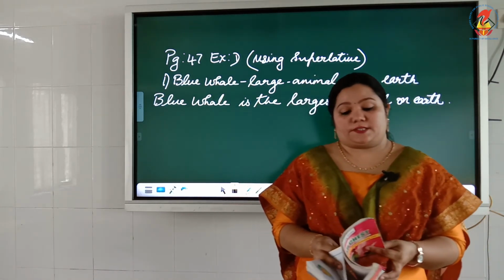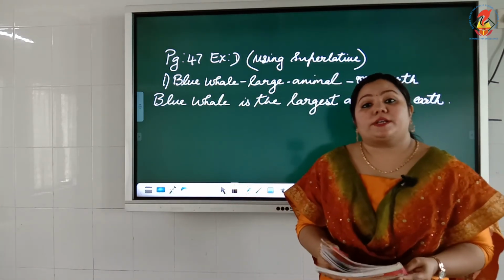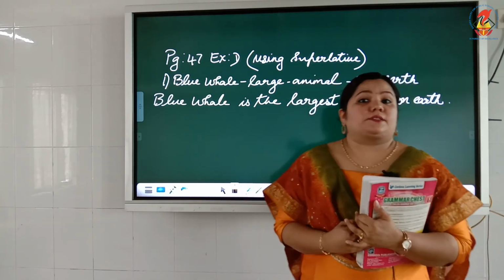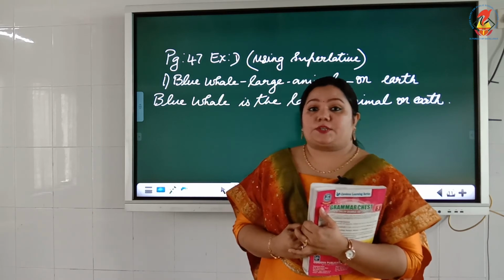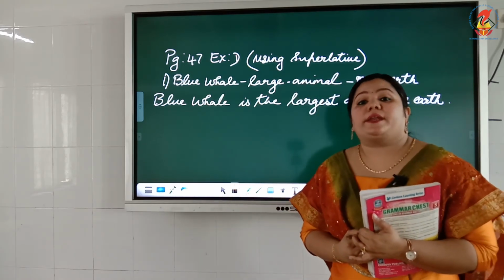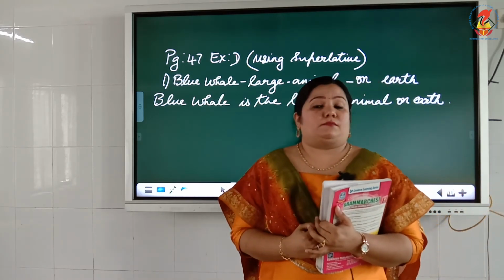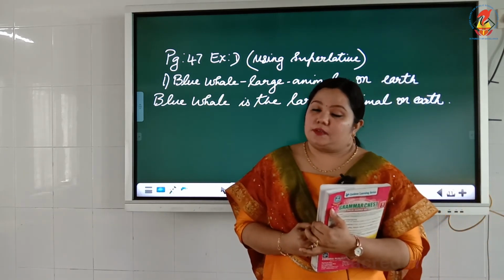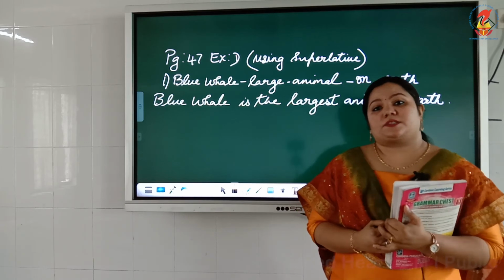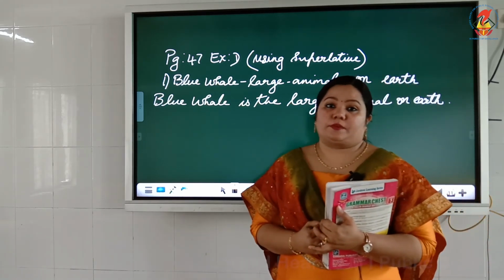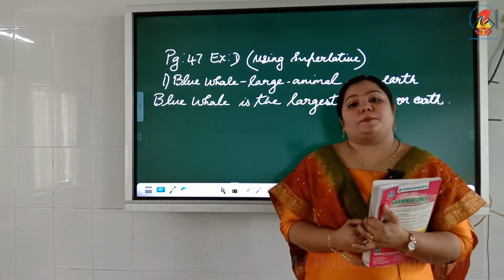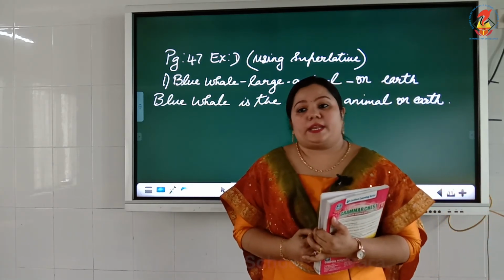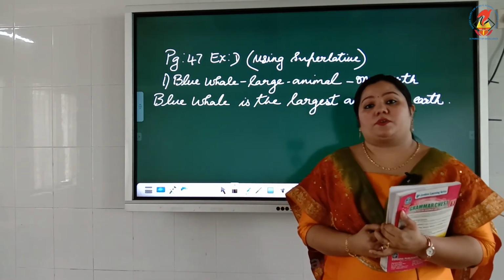Do all the exercises, and I hope you have understood, children, what are degrees of comparison. There are 3 degrees of comparison. Adjectives are used to compare, and the 3 degrees of comparison are positive degree of comparison, comparative degree of comparison, and superlative degree of comparison. Positive degree of comparison is when we do not have to compare any animal, person or thing.